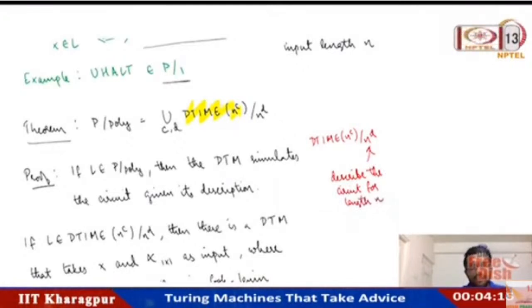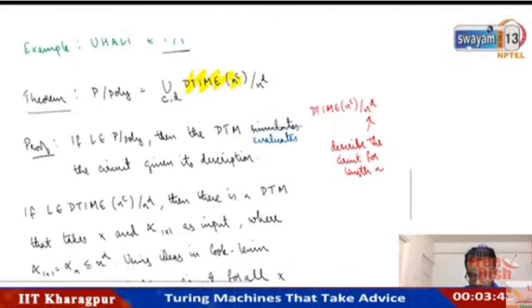For a certain length input, the polynomial size advice string could describe the circuit for length n, and then the deterministic Turing machine merely evaluates the circuit at the input. So this is why P/poly is contained in DTIME(n^c) / n^d.